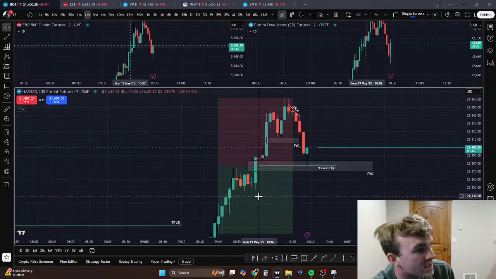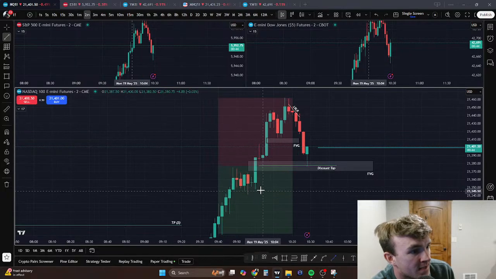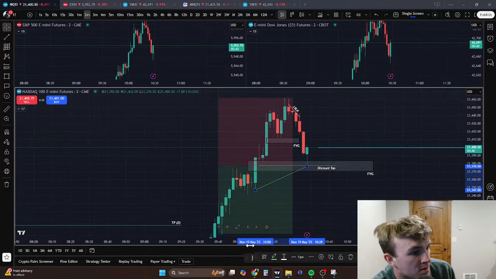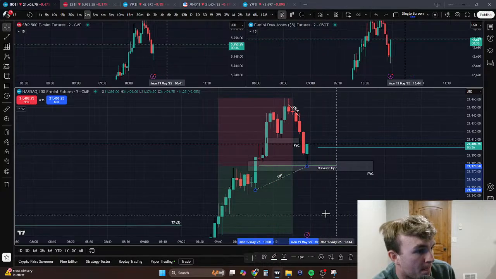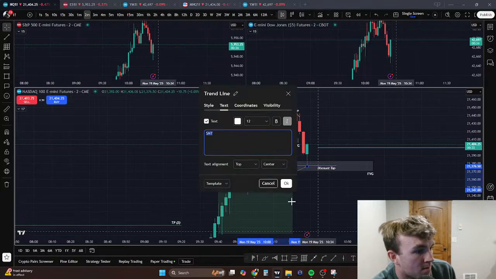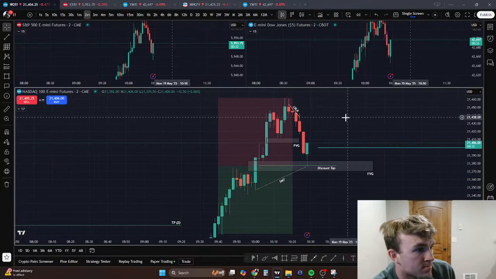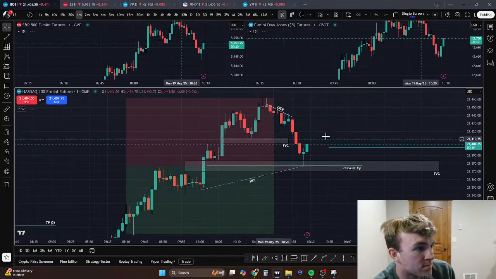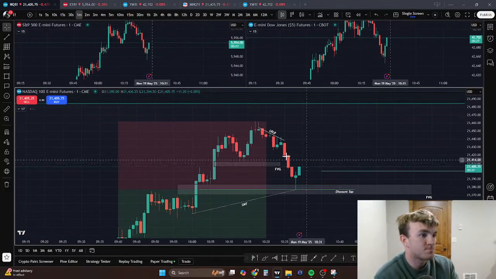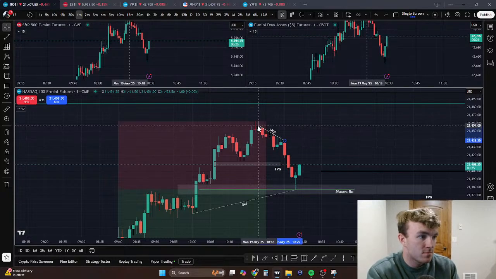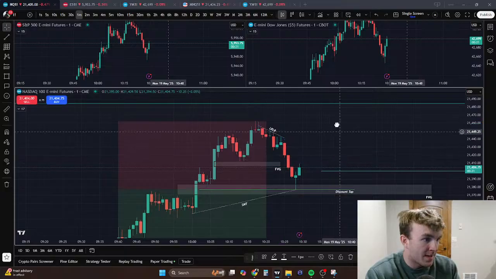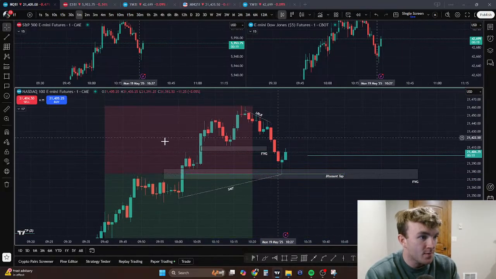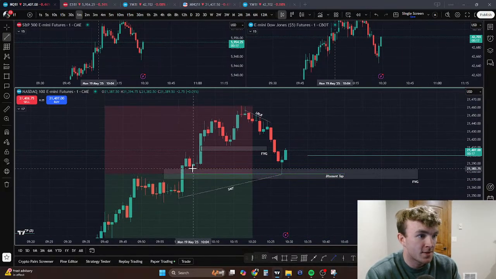Oh, actually, I lied. There's SMT with this low with YM. Okay. So we tapped discount. We got a sweep of external liquidity.